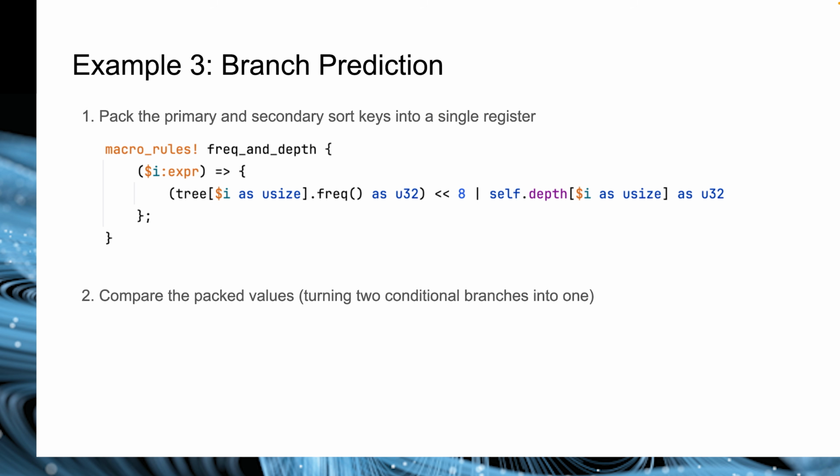And so I remembered that we're targeting machines with wide integer registers, and I looked at the fields in question and noted that they were small integer values. And so we can concatenate together our primary key and our secondary key, just mash them together into a single integer value and do a single integer comparison in our code.